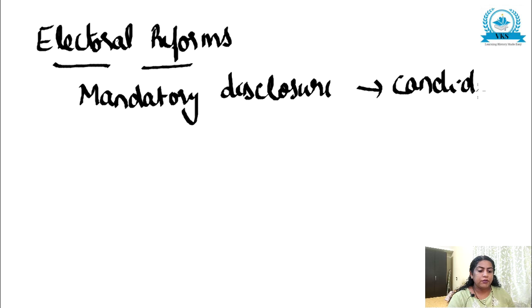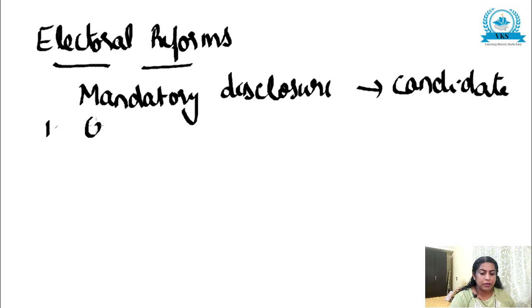That is, if a candidate is contesting for election, what are some of the mandatory things which that candidate must disclose about him? So there are three mandatory disclosures.